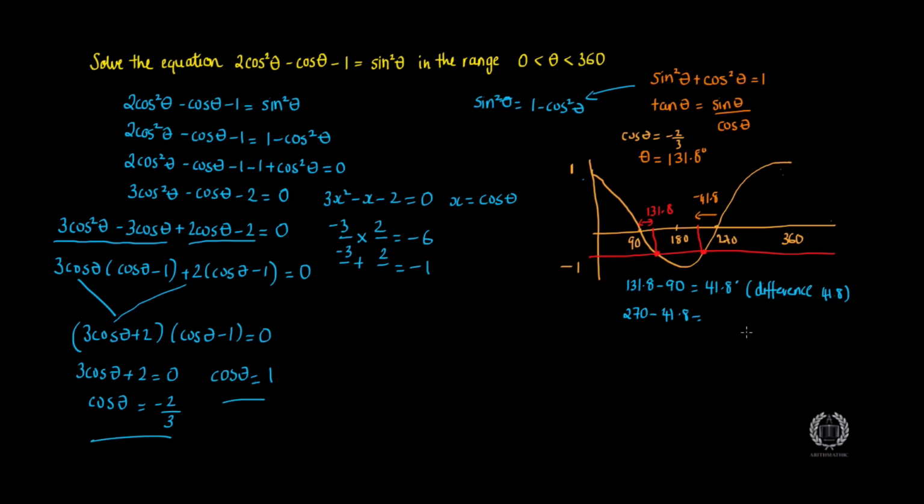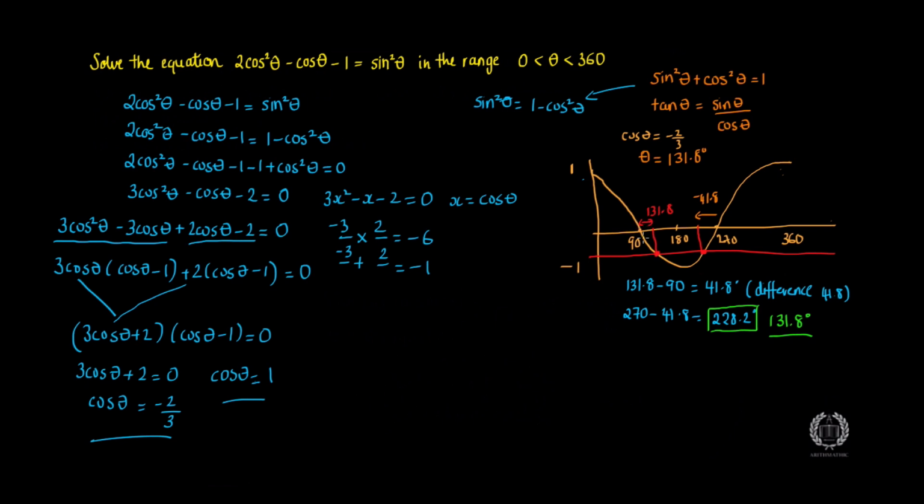So if you do 270 minus 41.8, that just gives you 228.2 degrees. So your angle for theta for this one is going to be 228.2, and then the other angle that we find is 131.8 degrees.